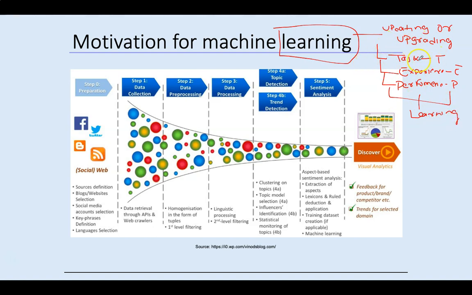Learning is updating or upgrading while doing a task T, gaining an experience E, and based on the performance P we say that we learned something, right? So in order to learn from a similar kind of problem, so that we can recognize and understand anything better, is called human learning. And when we give this kind of approach to a machine, it is called machine learning.